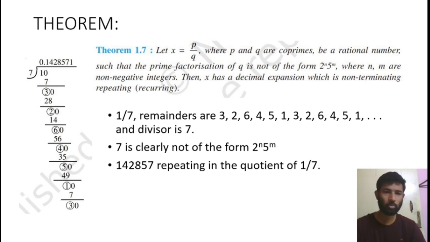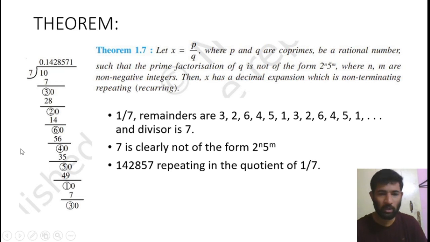To prove this, we have here 1 divided by 7. When we calculate it further and further, we get these numbers as quotients, and the circled numbers are the remainders.